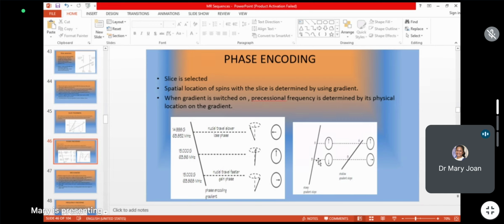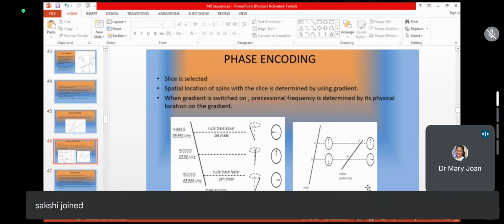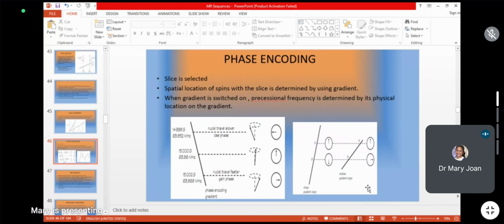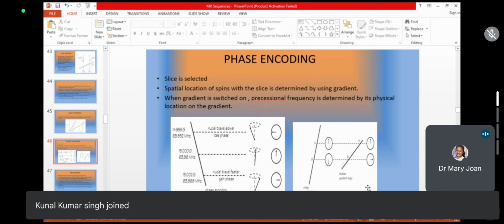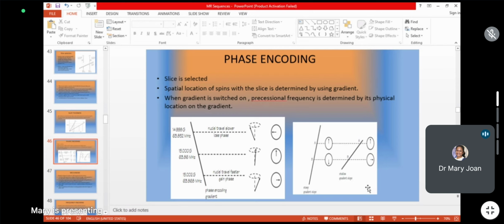And the resultant of that will give us the resultant phase of the nuclei, or whatever net phase is there, from the resultant of all these. Different phases are given across the different gradients or different magnetic field strengths.